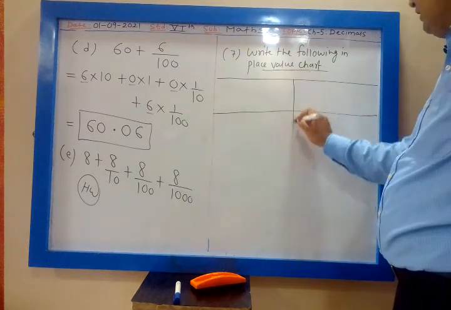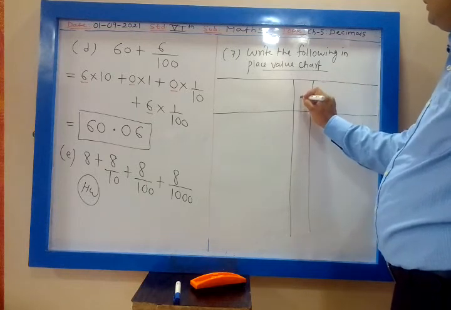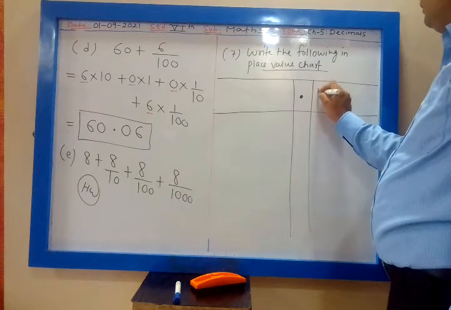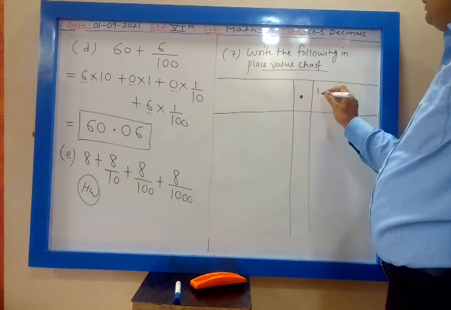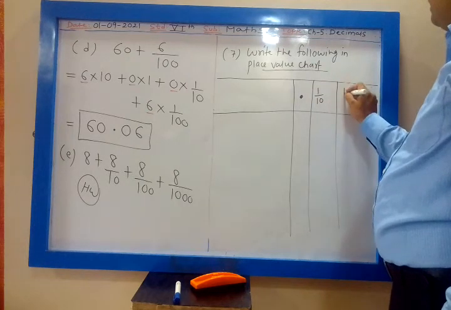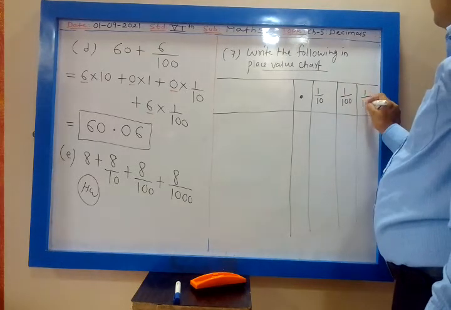In the center we have the decimal. Then tens, hundreds, thousands. Tens means 1 upon 10, hundreds means 1 upon 100, then this side we have 1 upon 1000.